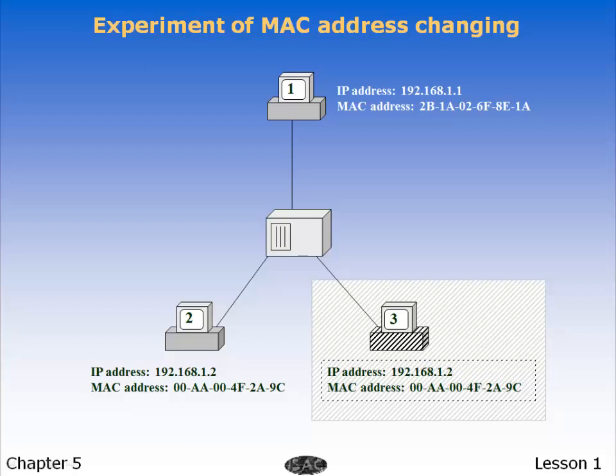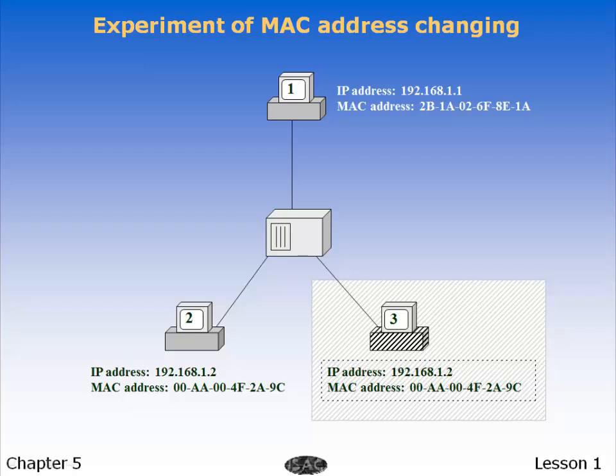After that, I disconnected both computers 2 and 3. After disconnection, by a special program, by the registry, by the device panel, I changed the MAC address of computer 3 to the same as the MAC address of computer 2.